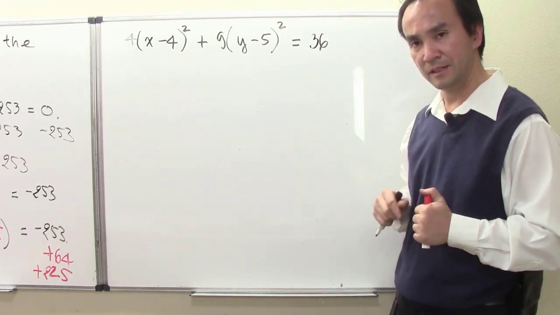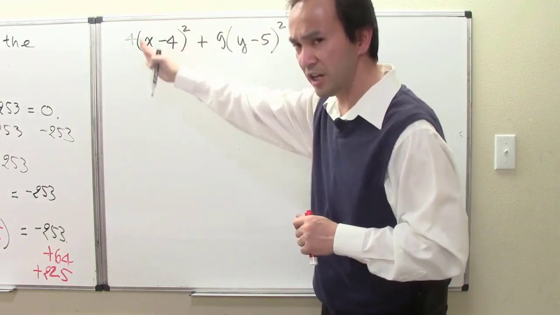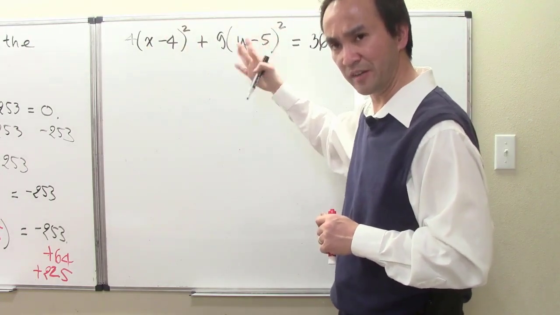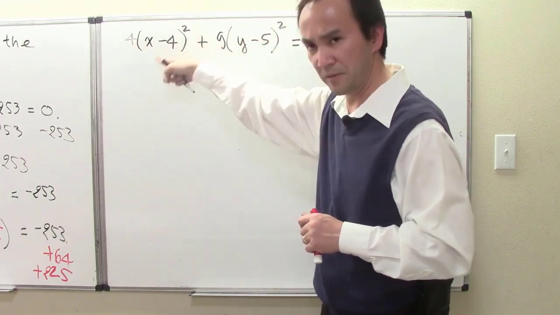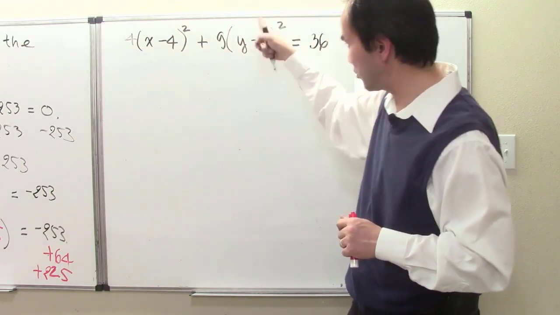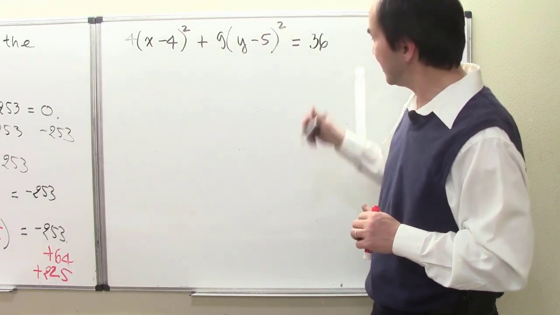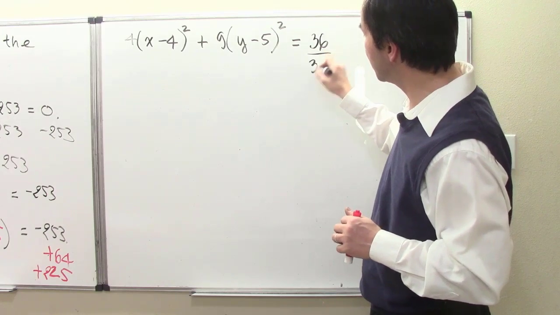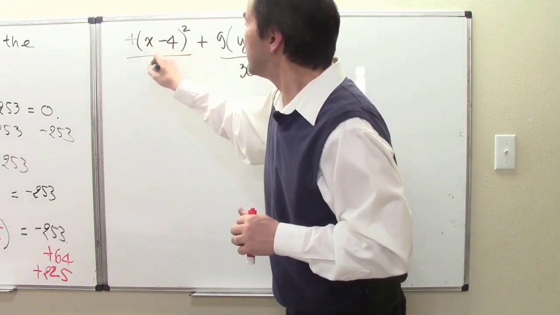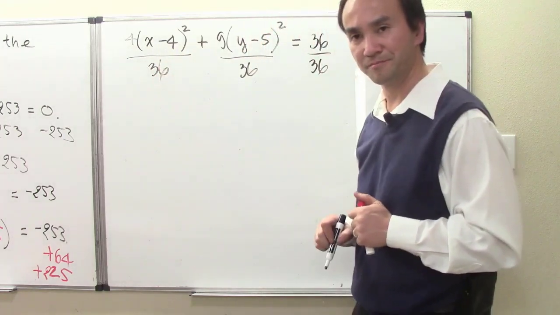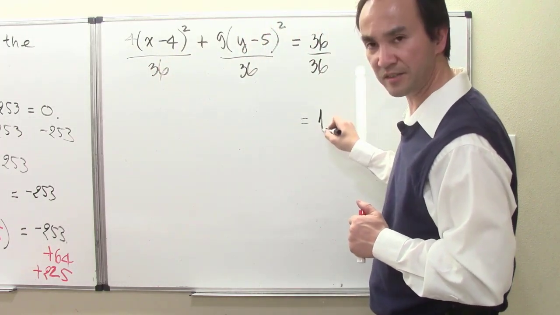All right, and so now just one more trick. The equation here is almost looking like the equation of an ellipse. It has a coefficient with a perfect square, another coefficient with a perfect square, and equals a constant on the right-hand side. I'm going to divide both sides by 36. That now makes the right-hand side equal 1 exactly.